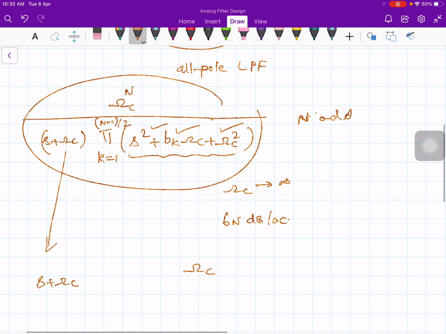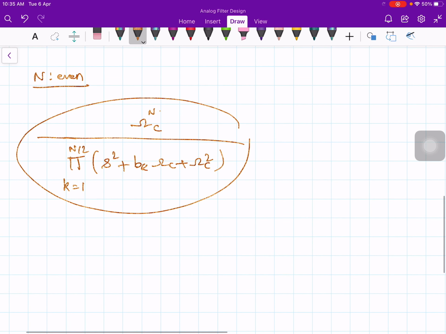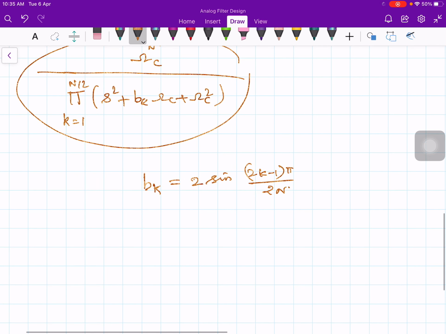Other than only one guy, that guy is bk. And for this bk also we derived the formula. This bk is going to be twice sine of (2k minus 1) times pi divided by 2N. Okay, and the range of k has already been specified, so there is no problem.